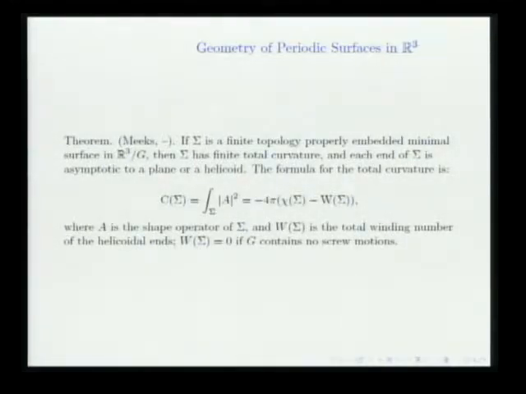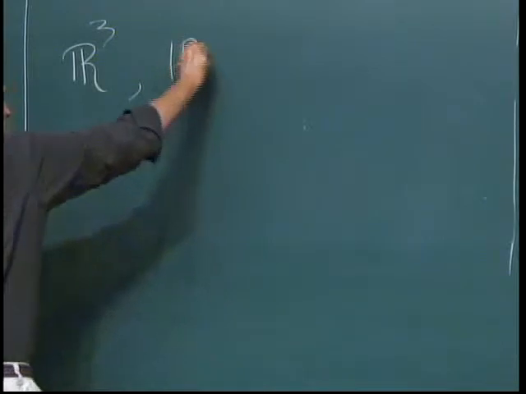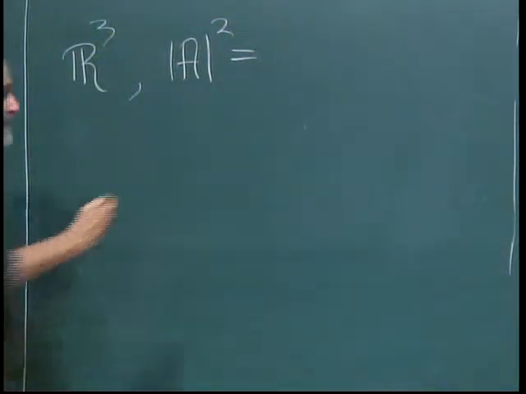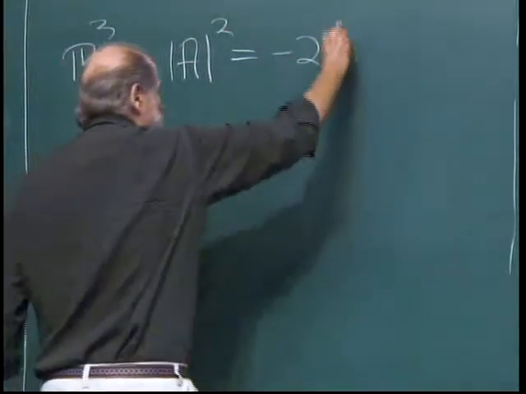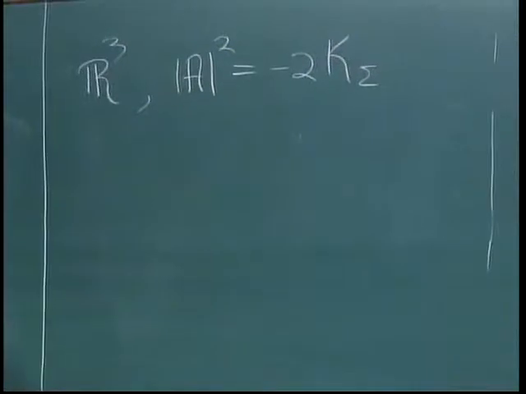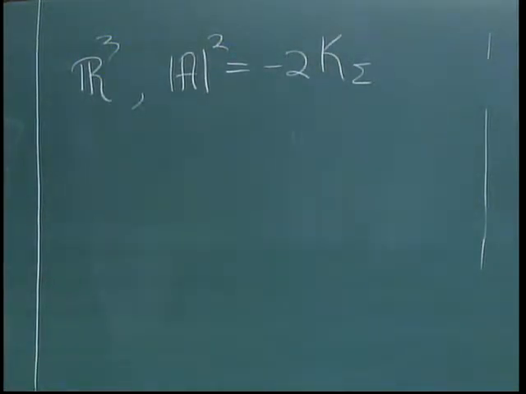Let me be a little more precise. In R3, the square of the second fundamental form is equal to minus twice the intrinsic curvature of the surface. Now, in a general three-manifold, this is no longer true.